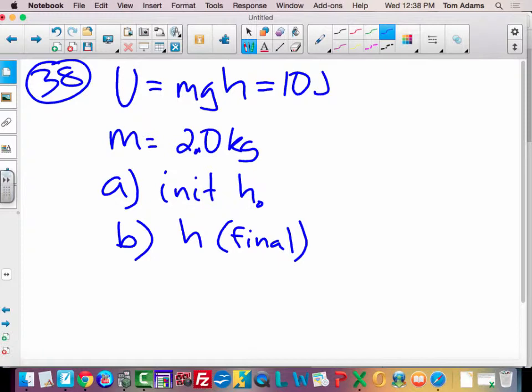So for part A, option number 1, option number 2. Can we find these things? Part A, option number 3: can we determine both the initial and the final height?